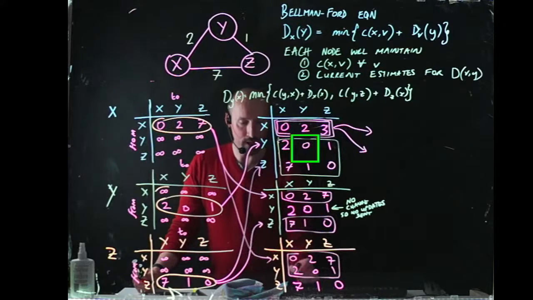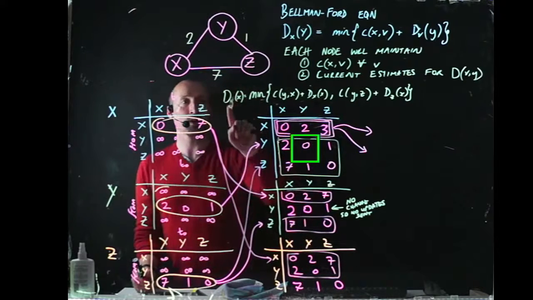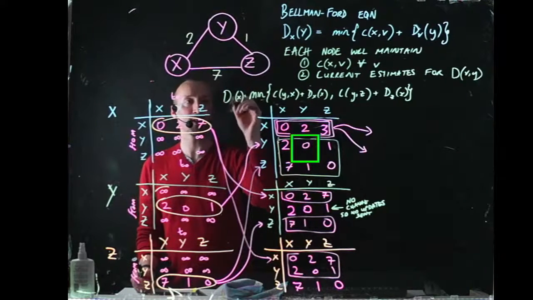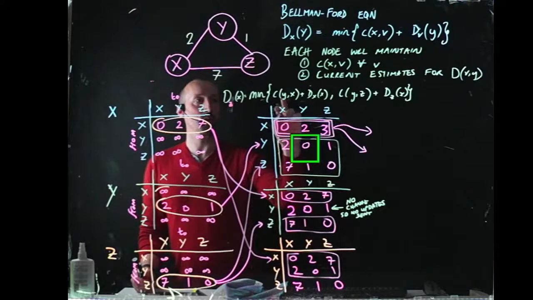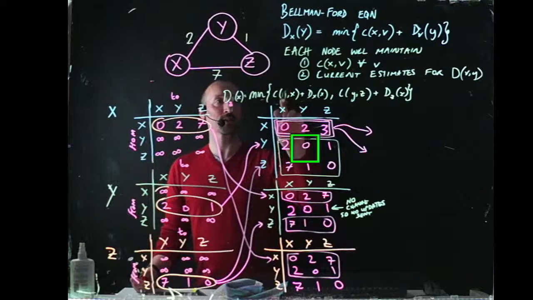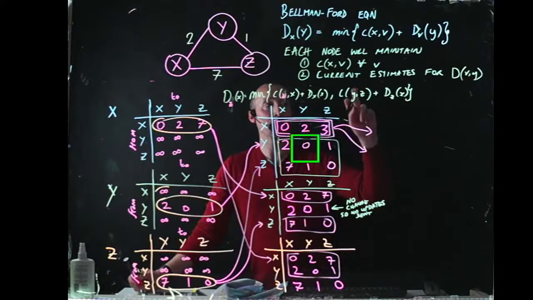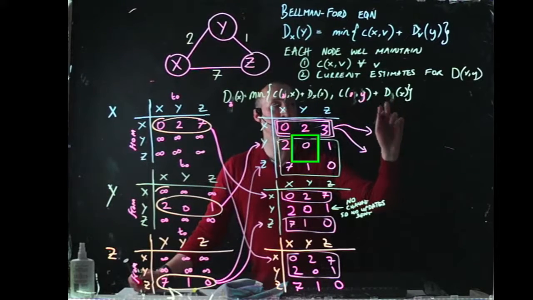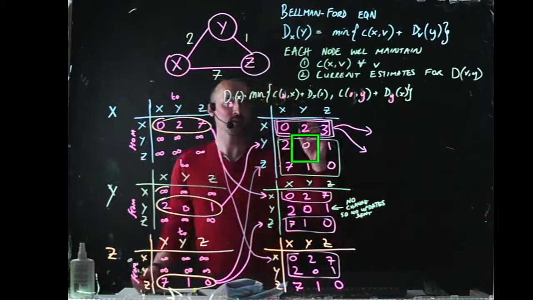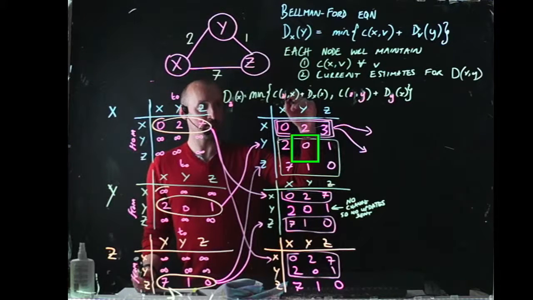So now we revise our values here for Z. So this time we're working with Z. So we're going from Z to X, which is going to be the cost to get from Z to X here, plus the cost to get from X to X. And then we're going to compare that with the cost to get from Z to Y, plus the cost to get from Y to X. So you can see, to get to X, that's just 7 plus 0.